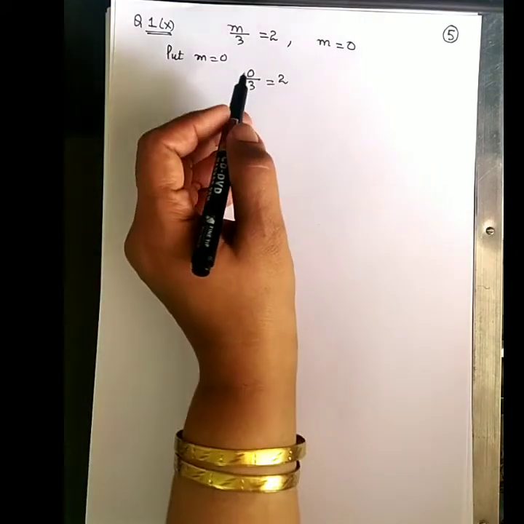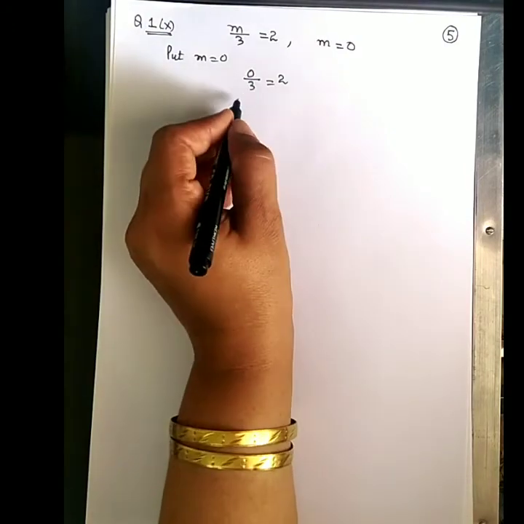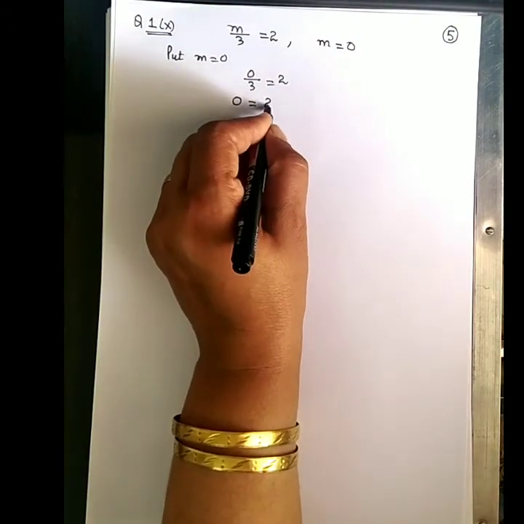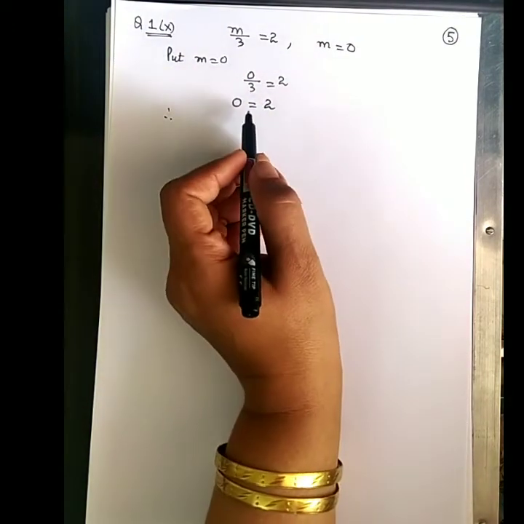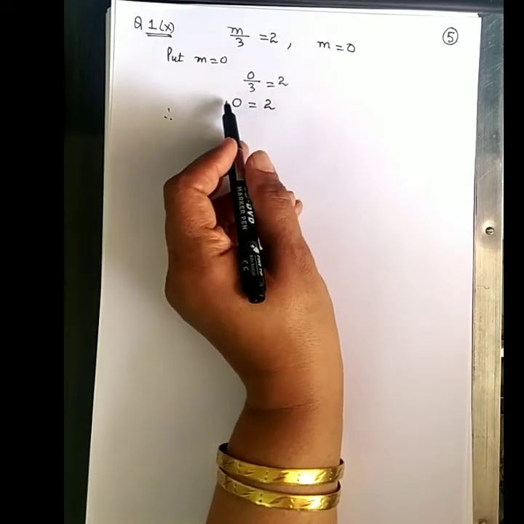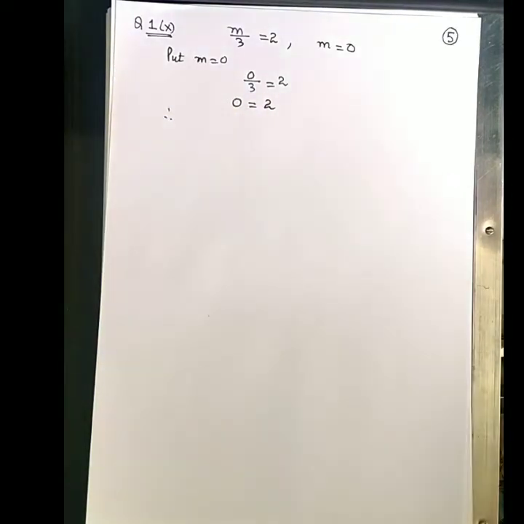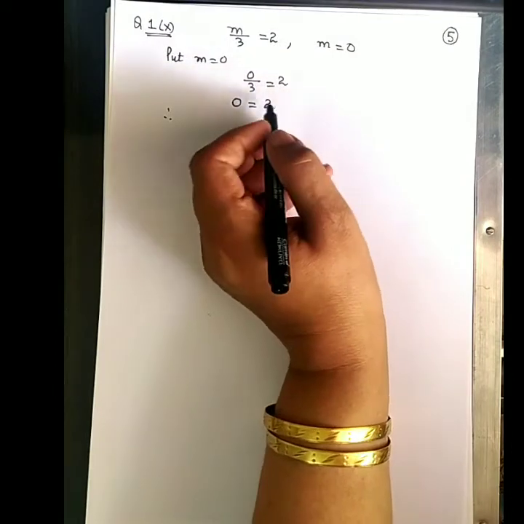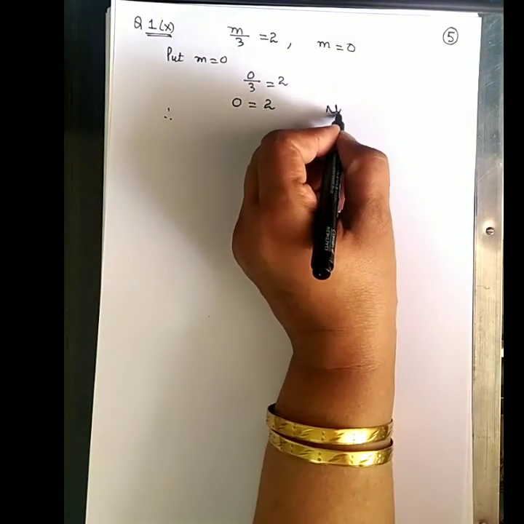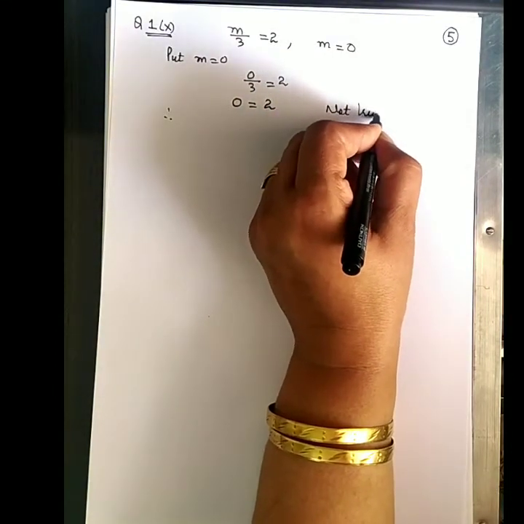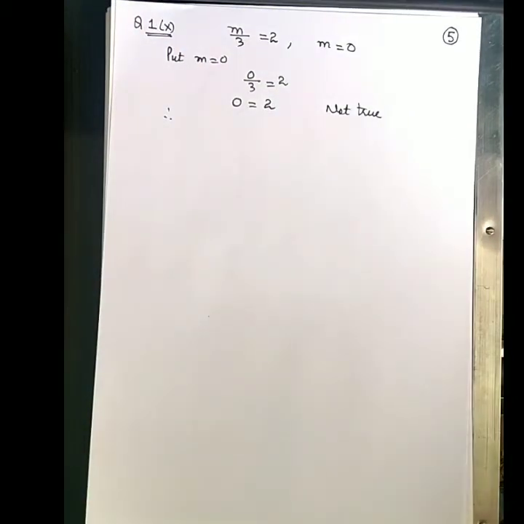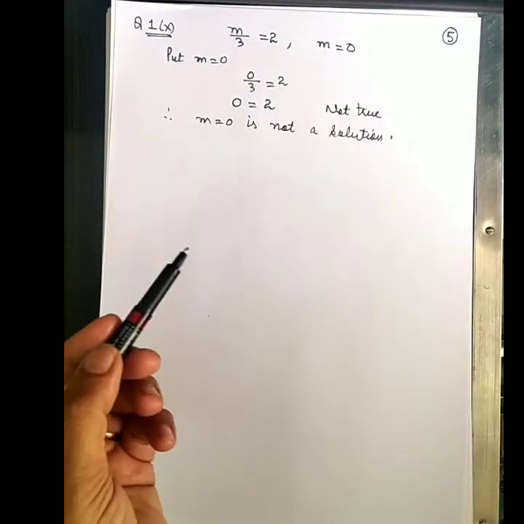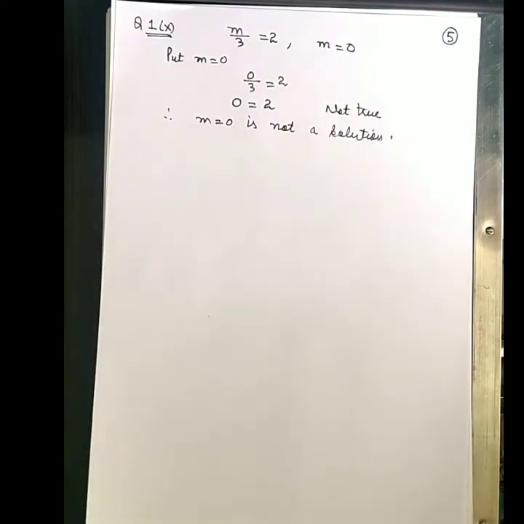So 0 upon 3 will be 0 is equal to 2. Now tell me whether they are equal. No, 0 is not equal to 2. It is not true. Therefore m is equal to 0 is not a solution.